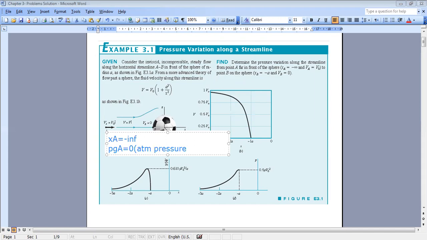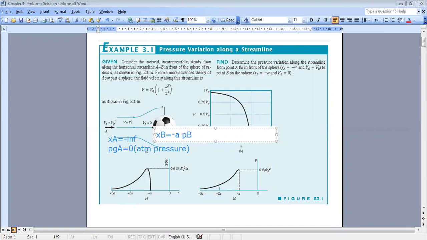Okay. Now, if I want to work with the boundary condition at B, what should I do? Do I know the pressure at B? So X of B is equal to minus A. But what is the pressure at B?